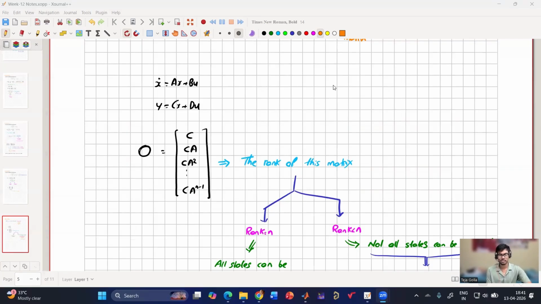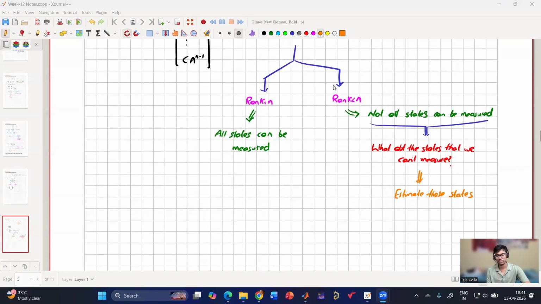If the rank is n, all the states can be measured. If it is not, then not all states can be measured. In such a case, we'll have to estimate those states which can't be measured. Say I am measuring some current or voltage, then I'll get the information. But if I'm not able to measure it, then we have to estimate it by some means. Using the other states or some information, we'll estimate it and use it as a part of our controller.